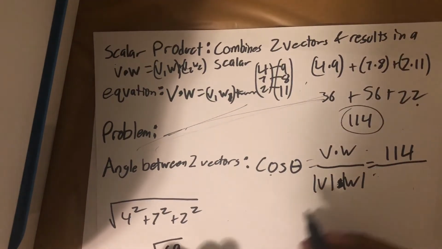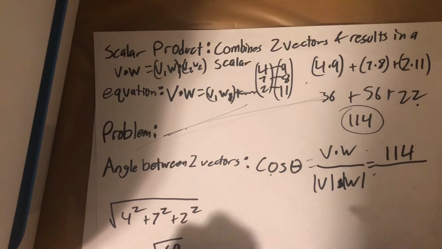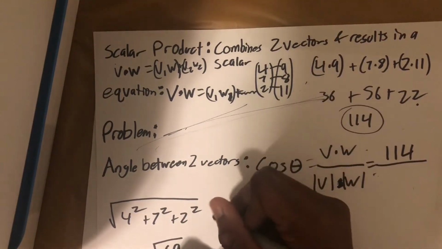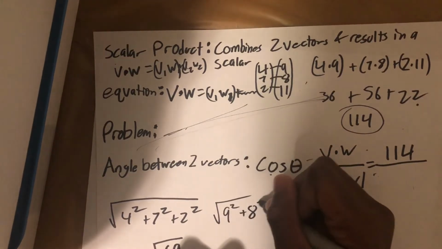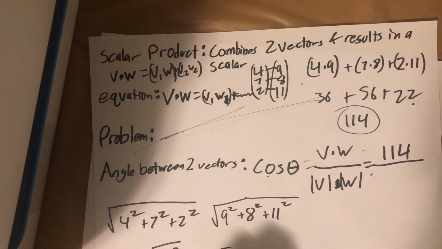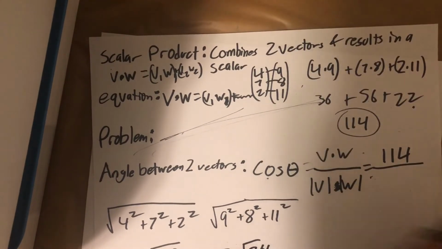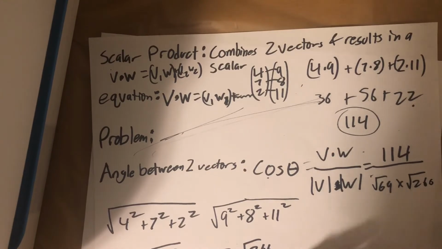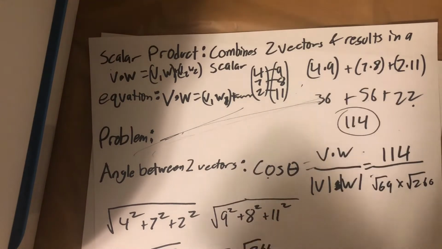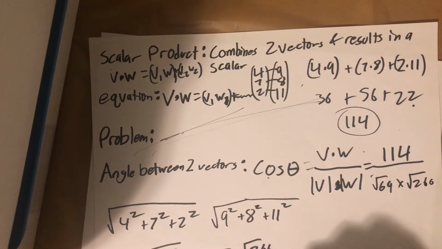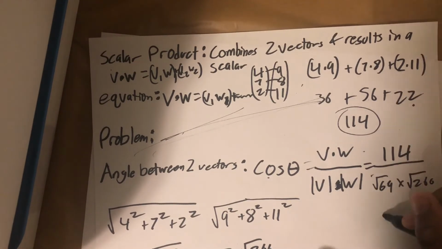That's for V. For W, since it's 9, 8, 11, you have the square root of 9 squared plus 8 squared plus 11 squared, which ends up being the square root of 266. So you have the square root of 69 times the square root of 266, and this equals cosine theta. Once you put 114 over that into your calculator, you get 0.84.